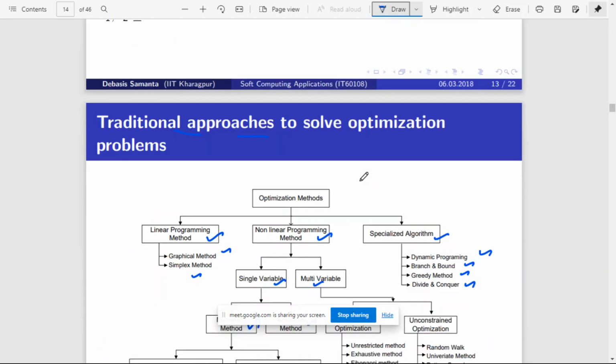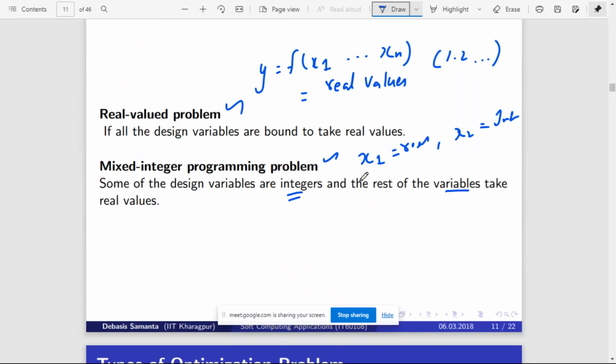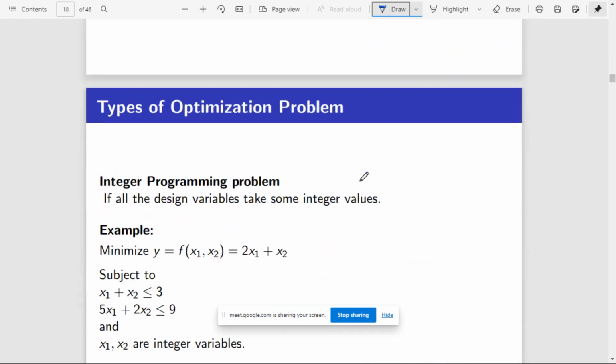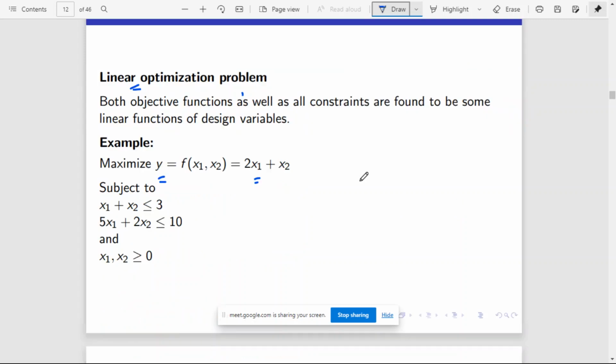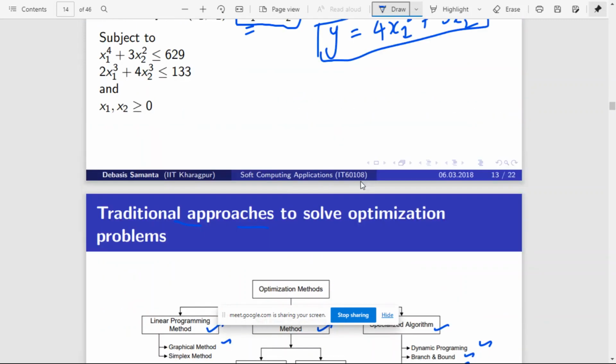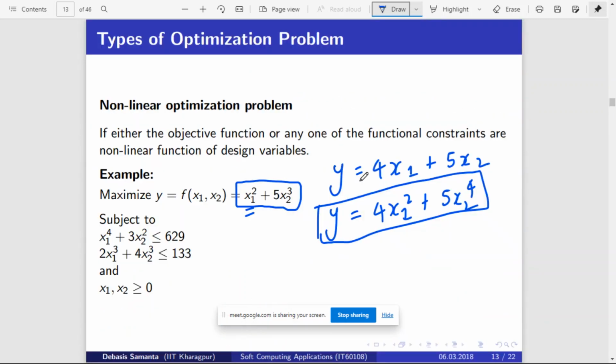In this equation, you see there are only two parameters, x1 and x2, and its degree is only 1. If there is a function like this, y is equal to 2x, this is very simple.